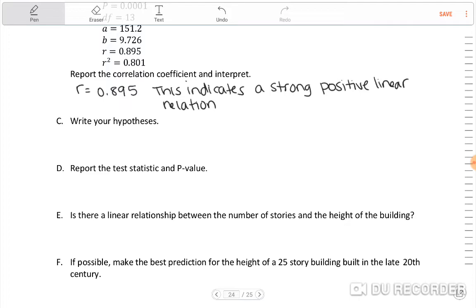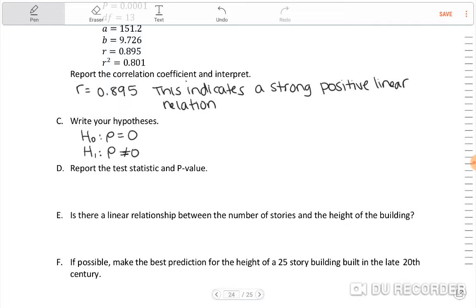So the null hypothesis is going to be stated as H naught. This is going to be rho. It looks like a P, but it's not really a P, which is the population correlation coefficient, equal to 0. Your alternative is that rho is not equal to 0, okay?